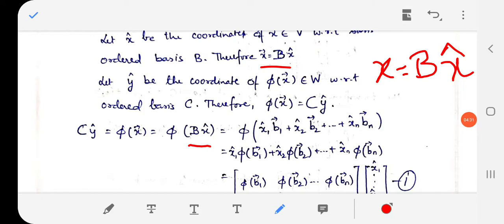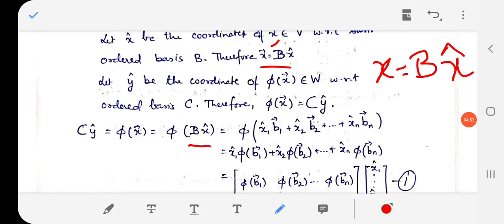Because every element of vector space V can be written as a linear combination of basis vectors in B, and this particular B is the matrix containing the basis vectors of B as columns.